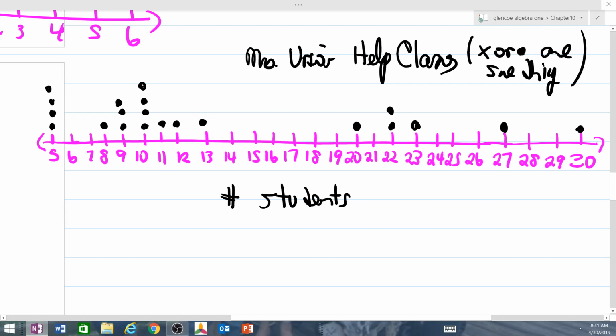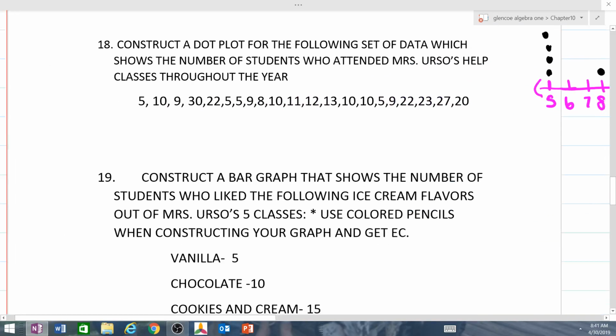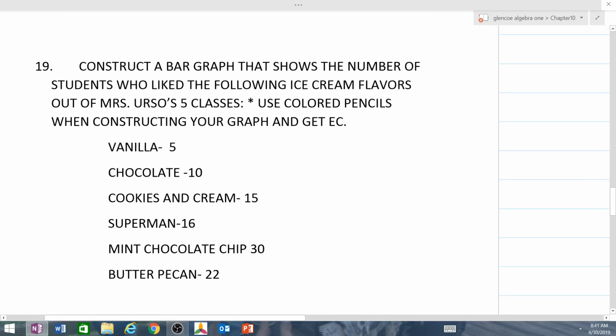Okay, let's go on to our next question, which is construct a bar graph that shows the number of students who liked the following ice cream flavors out of Mrs. Urso's 5 classes. You can use colored pencils when constructing your graph and get extra credit. Okay, well, we're not doing it for an assignment. So we have these flavors: vanilla, chocolate, cookies and cream, Superman, mint chocolate chip, and butter pecan.